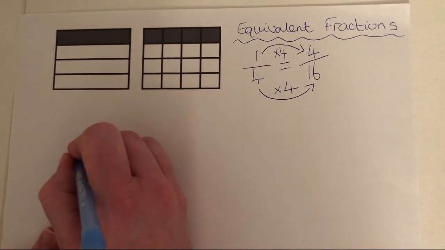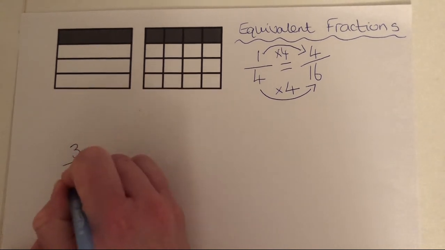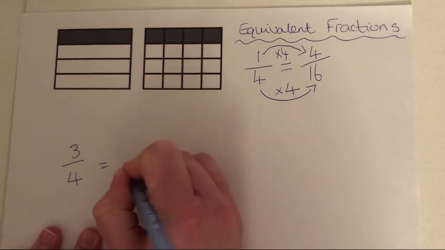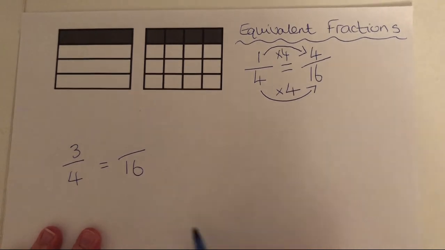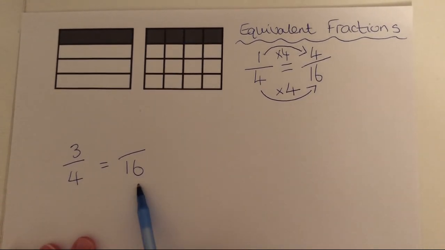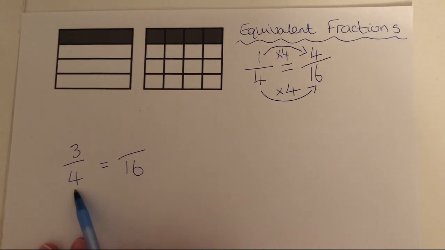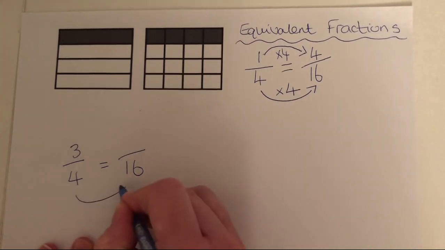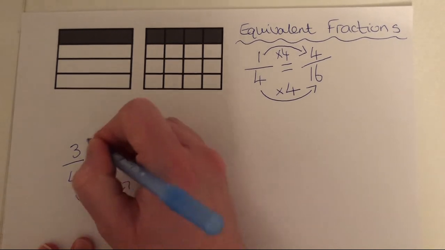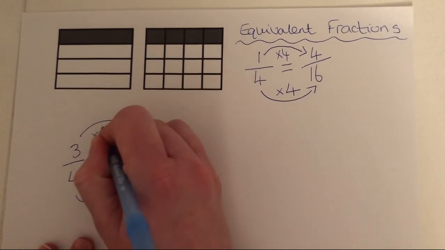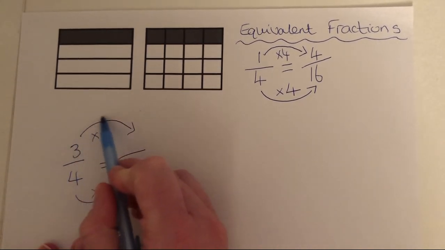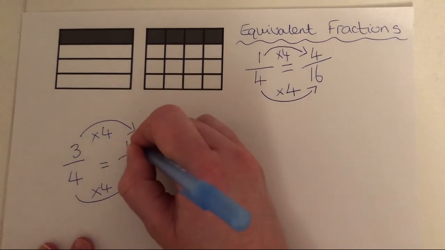So let's stick with the quarters. So let's pretend we have 3/4 and we get a question that wants us to turn it into 16ths again. I already know from my first question and my knowledge of times tables that 4 times 4 is 16. So I must do the same to the numerator. 3 times 4 is 12.